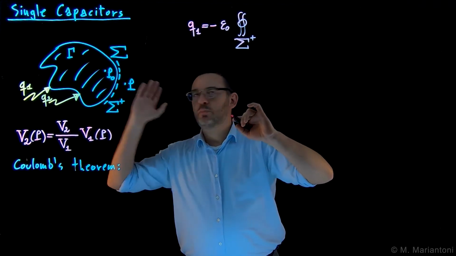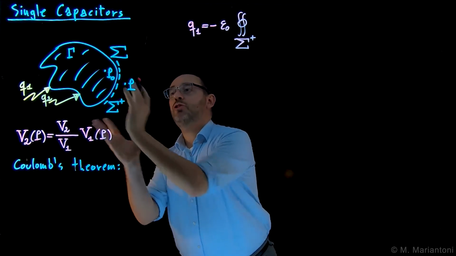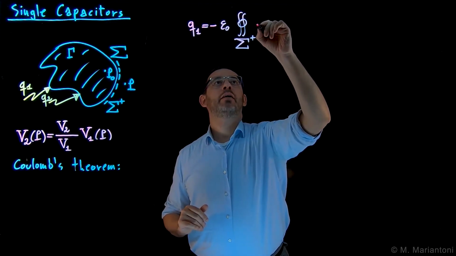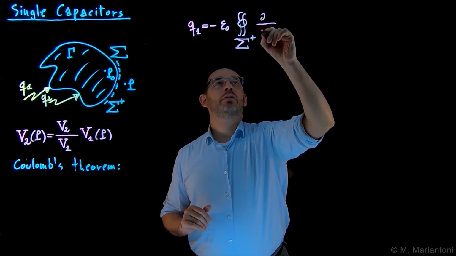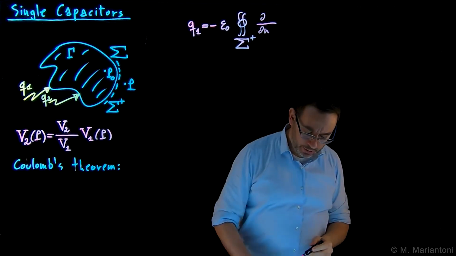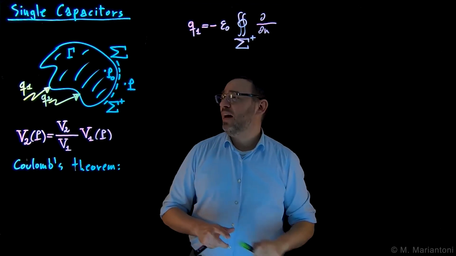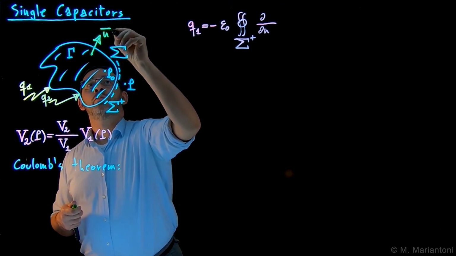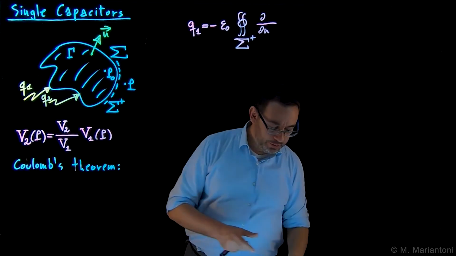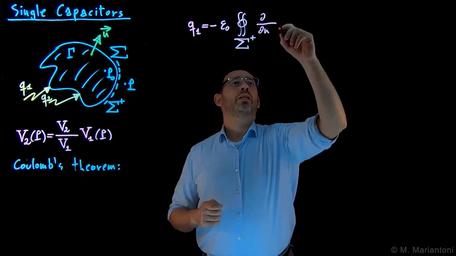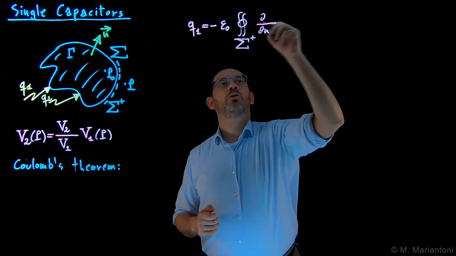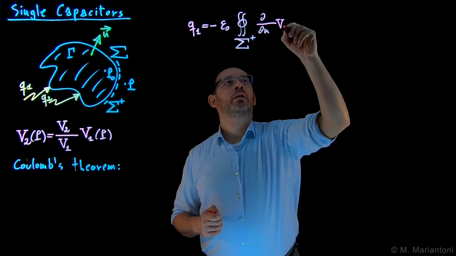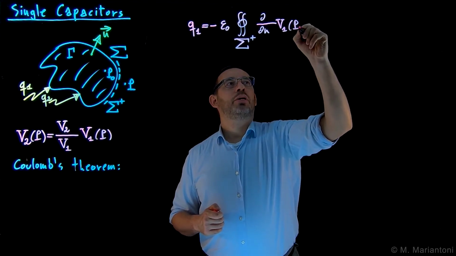Right on the surface, of course, the potential is constant. But since we are approaching in the limit, we can still take the directional derivative with respect to n, where n, as always, is a normal unit vector, normal to the surface capital sigma. All right, of what quantity? Well, we are doing Q1, so this one is going to be V1 at any generic point capital P.